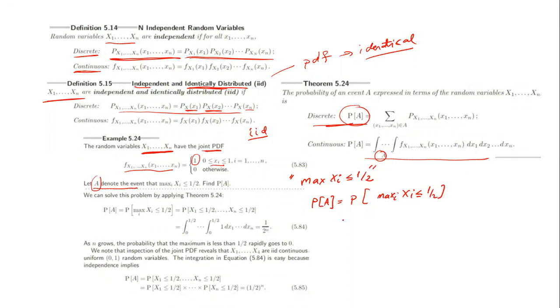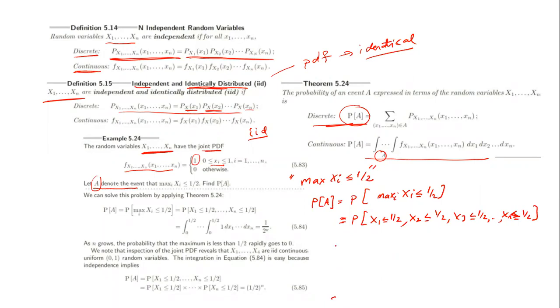Then that's the intersection of all these probabilities: x1 should be less than or equal to 1/2, x2 less than or equal to 1/2, x3 less than or equal to 1/2, and xn less than or equal to 1/2. All should be proved to be less than 1/2.